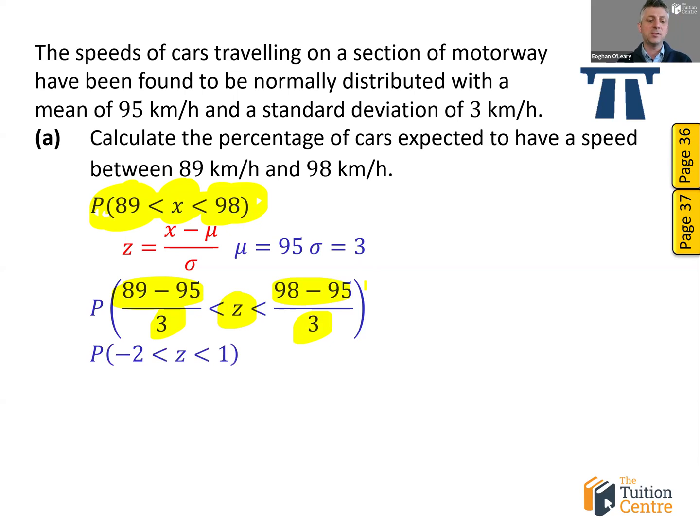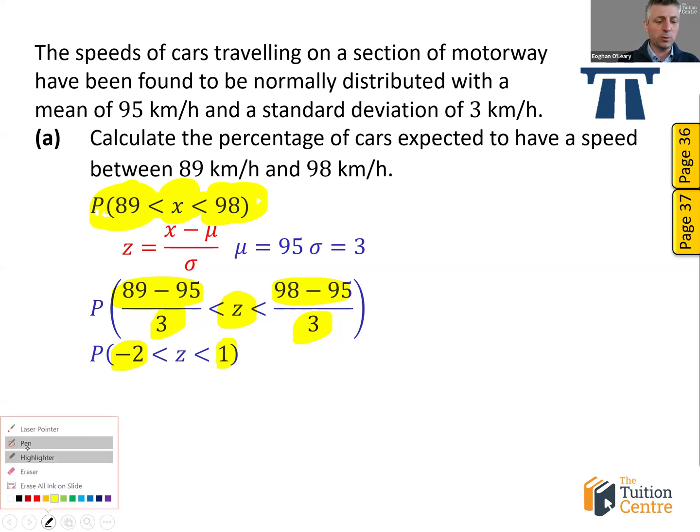When I do my calculations, that's saying 89 kilometers per hour is 2 standard deviations below the mean, so minus 2, and 98 kilometers per hour is 1 standard deviation above the mean. And of course, that makes total sense.